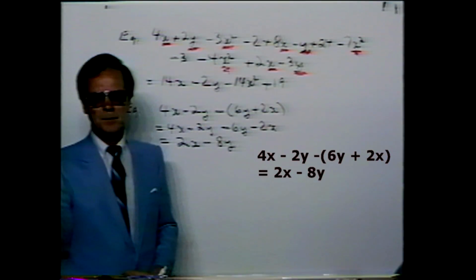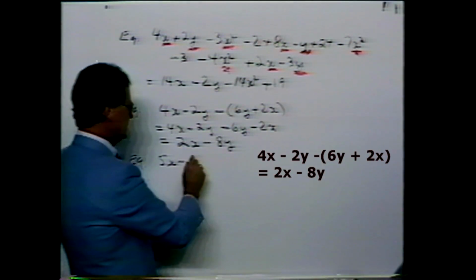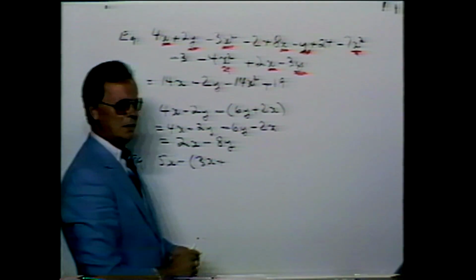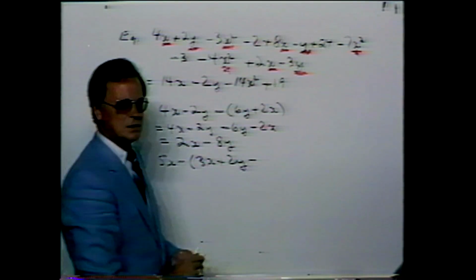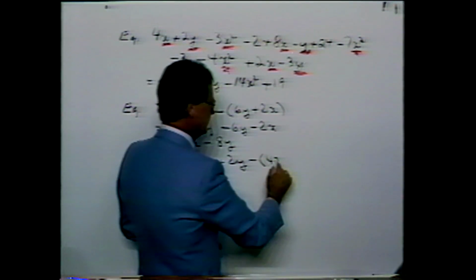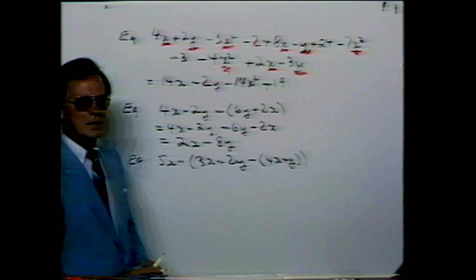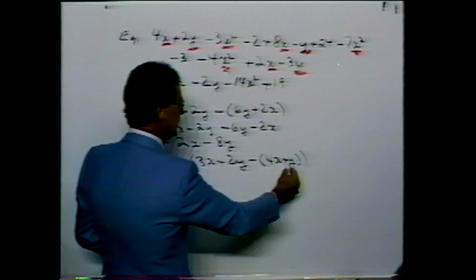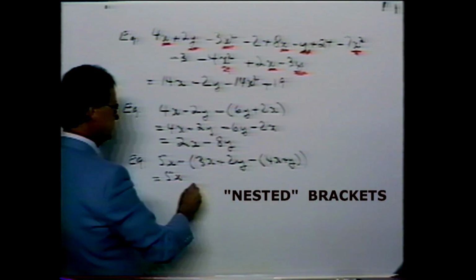Another example, we have 5x minus brackets 3x plus 2y minus 4x plus y in brackets. We have nested brackets here, and we'll look after the interior brackets before we deal with anything else.